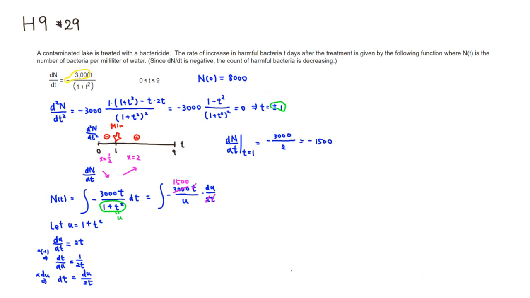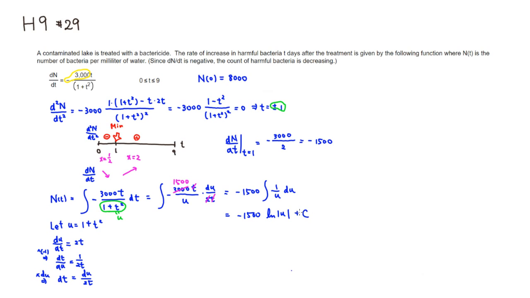This is going to be negative 1500. This is just a number, so I'll just leave it outside, and you would have 1 over u with respect to u. The antiderivative of 1 over u would be natural log of absolute value of u plus some constant c.